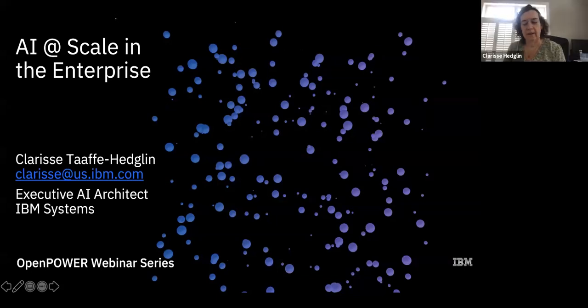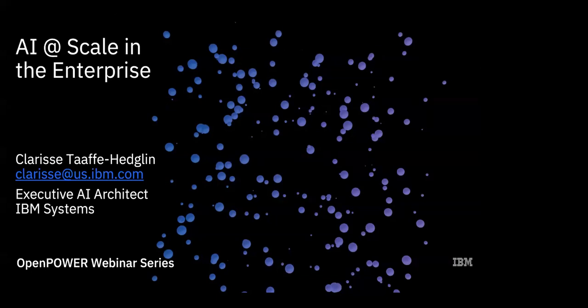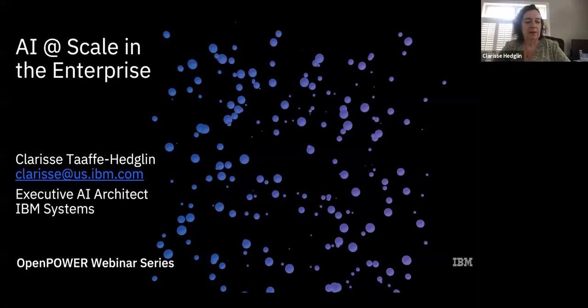Thanks, Ganesh. Can everyone hear me? Yes, that's good. All right, so the topic I'm covering today is AI at scale. I've covered this topic in the past on how it applies to HPC, and how you get scale by leveraging multiple GPUs within a server and across servers.